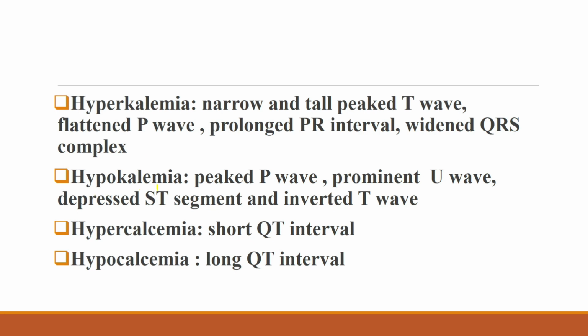In hypokalemia, there will be a peaked P wave, prominent U wave, depressed ST segment and inverted T wave. And coming to hypercalcemia, there will be a short QT interval, and in hypocalcemia there will be a long QT interval.